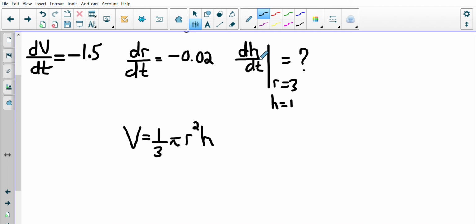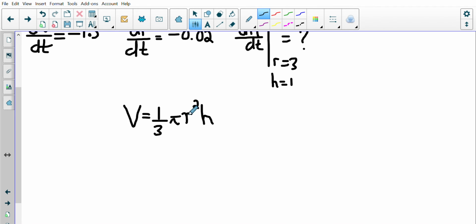We know 2 of the rates, and we're looking for a 3rd. So I'm going to have to leave this equation just the way it is, which is a little bit different. And again, that's because we don't have a relationship between r and h.